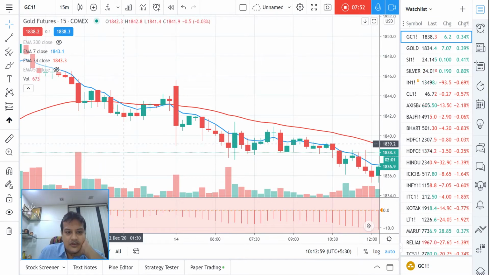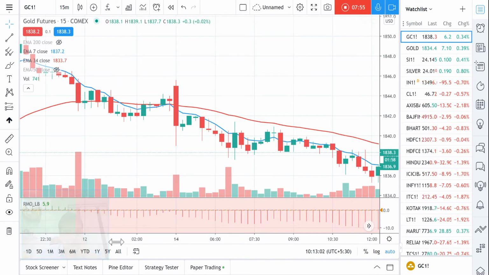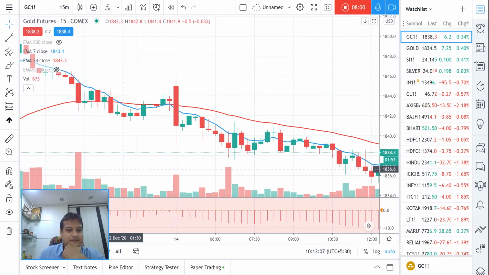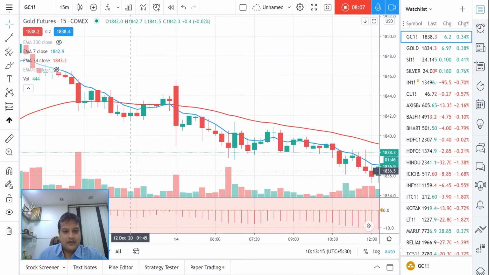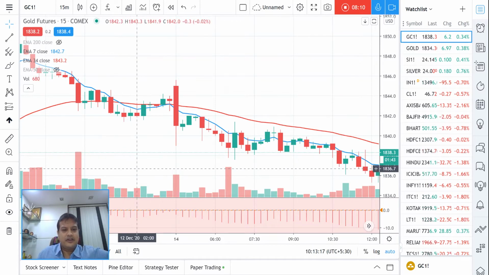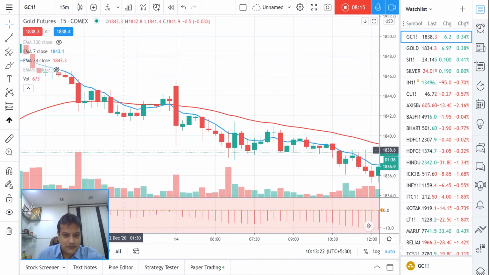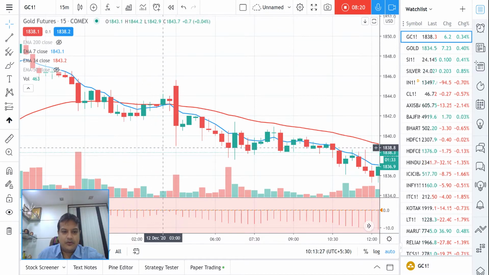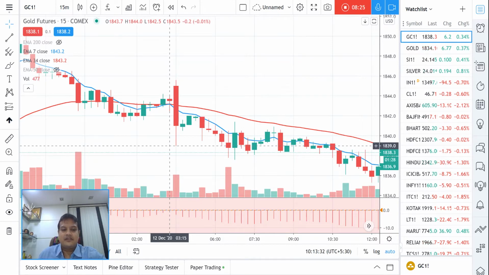Now if you can see this, it's a classic example. There was a crossover down on 12th December at around 1:15 at night. So you have to sell below that, which is 1841.40. This was not breached, not breached, not breached. Then it came back again to the same price, where the levels of the 7 and 34 moving averages were the same.